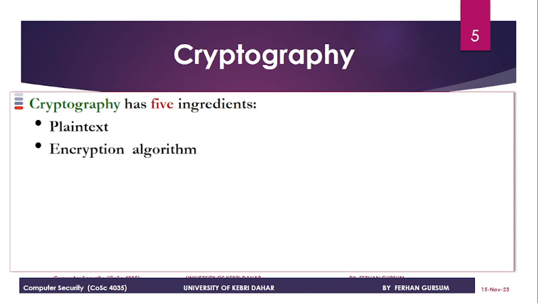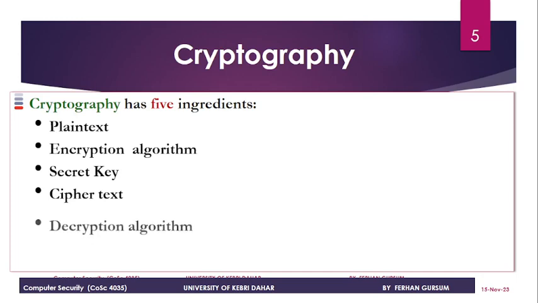Algorithm አለ። Algorithm plain text ወደ ሳይፈር ቴክስት ይቀይራል። After that, secret key አለ። ኪዎች ይኖራሉ ማለት ነው። Then ሳይፈር ቴክስት እናገኛለን ማለት ነው። አራተኛው ላይ plain text algorithm ተጠቅመን የኢንክሪፕሽን algorithm ወደ ሳይፈር ቴክስት ቀየርን። ኪዎች አሉ ደግሞ ያ ነገር ወደ plain የሚመለስበት ኪውን በእጃችን ላይ አለ። Then ሳይፈር ቴክስት አለን። Then decryption algorithm ደግሞ የግድ ያስፈልጋል ማለት ነው። Encryption algorithm is used for converting plain text to cipher text.